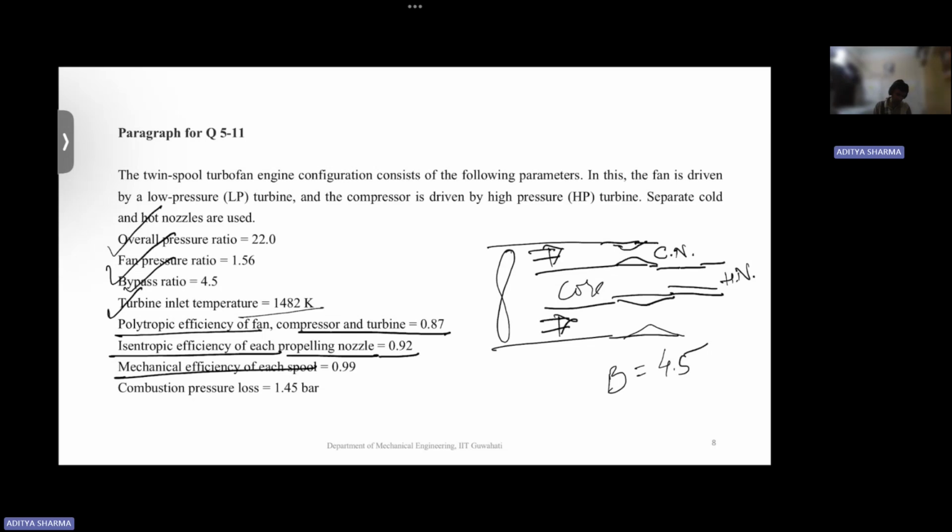For each spool, mechanical efficiency is 0.99. So spool you understand, right? The arrangement of your high pressure turbine with your compressor and your low pressure turbine with your fan is a spool. Pressure loss in combustion is 1.45 bar.